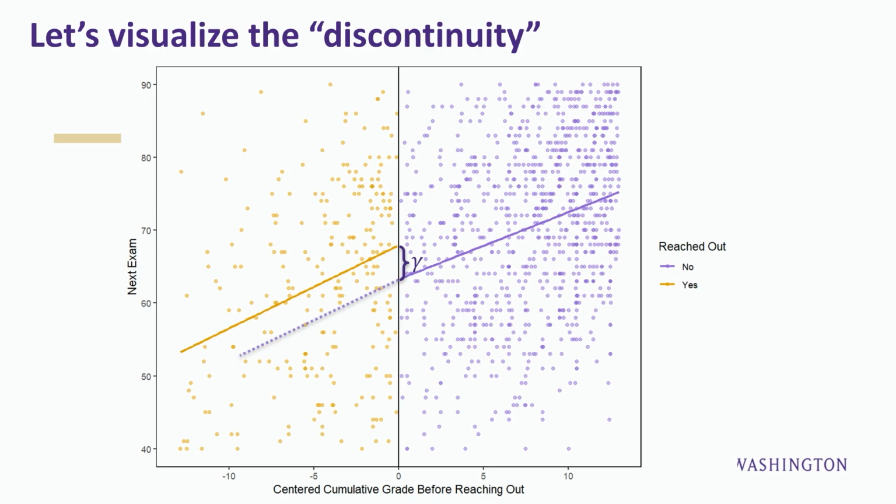We can try to read the number for gamma from the figure. It's somewhere around 5 points. But there are many different ways to estimate this gamma with a statistical or regression tool, because this is regression discontinuity, not reading-the-figure discontinuity, right?